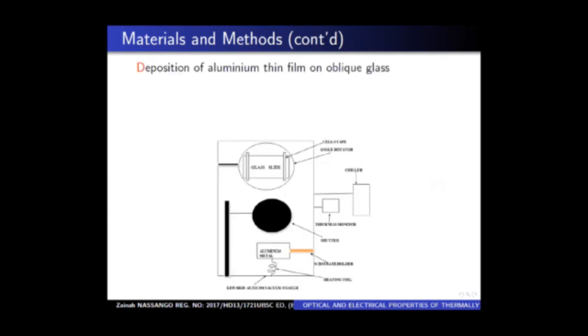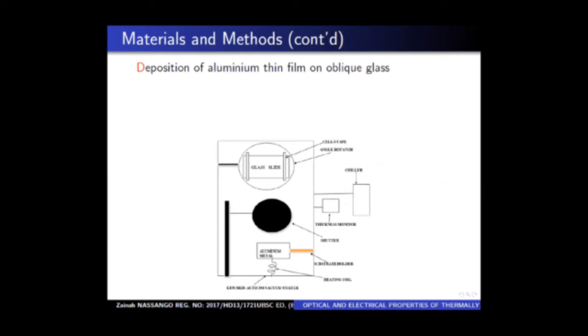So this is the schematic diagram for the deposition of my aluminium. This is how my vacuum coater will be like. Down is the aluminium that I'll need to heat and then deposit onto glass.